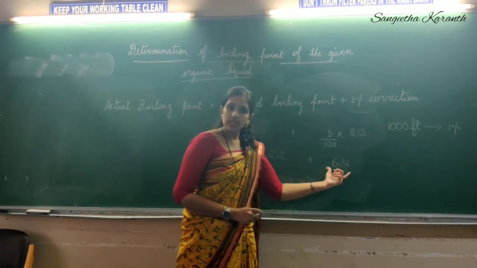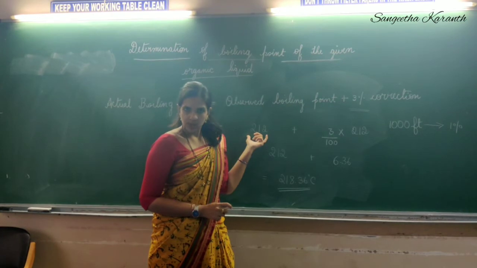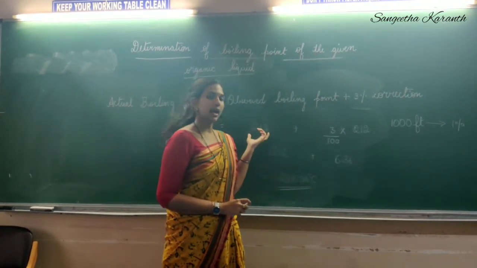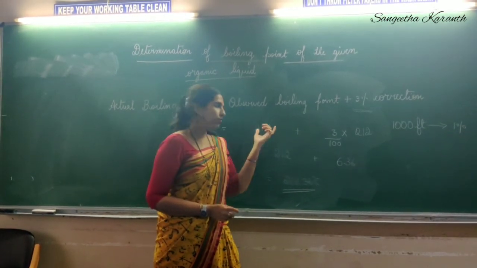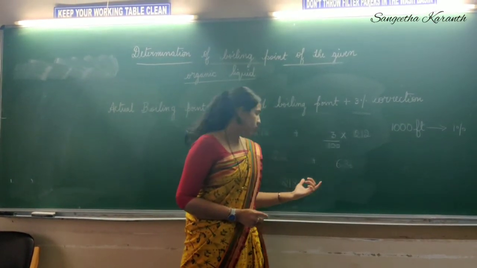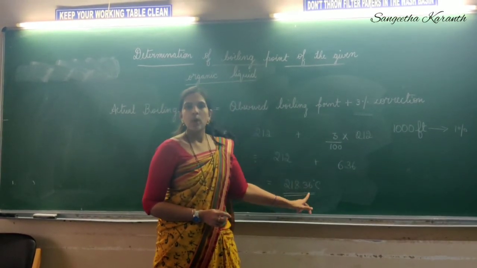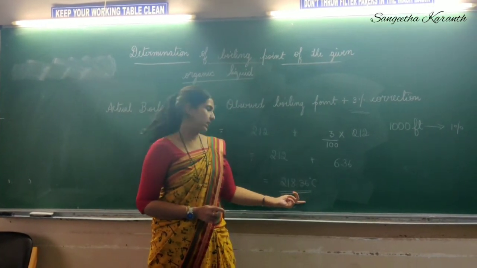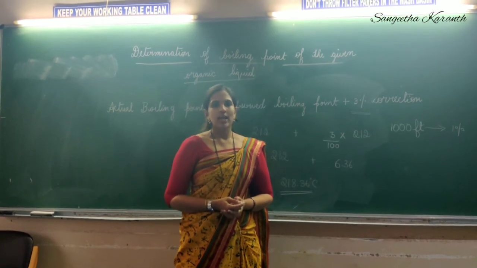So 6.36 is 3% of the observed boiling point. The 3% correction has to be added to 212 degrees Celsius. So 212 plus 6.36 gives a total of 218.36 degrees Celsius. So 218.36 degrees Celsius is the boiling point of the given organic liquid.